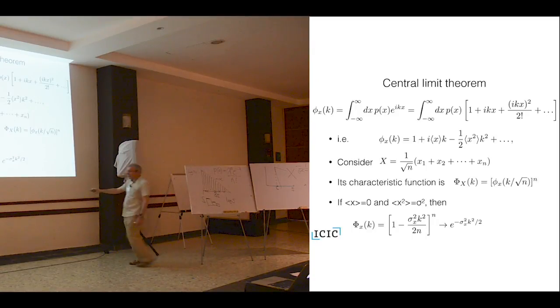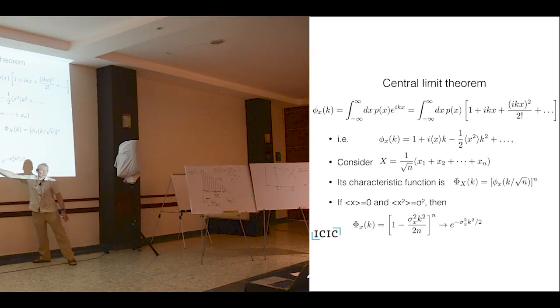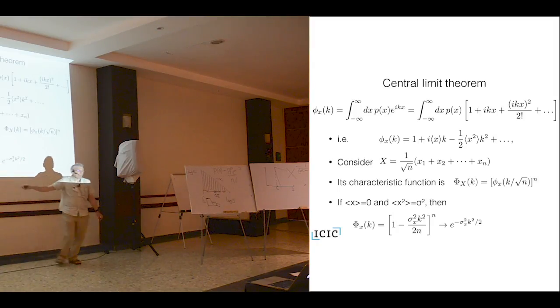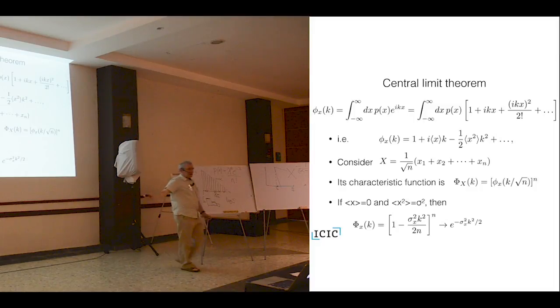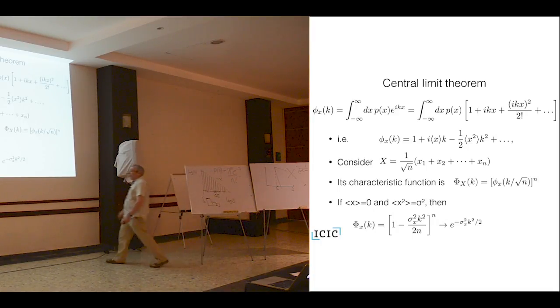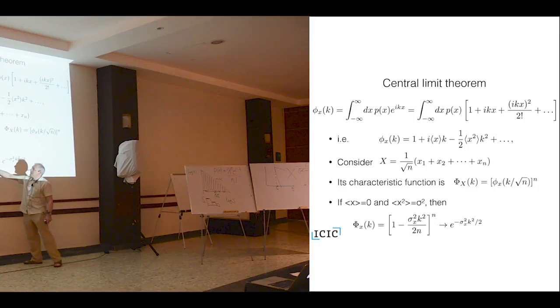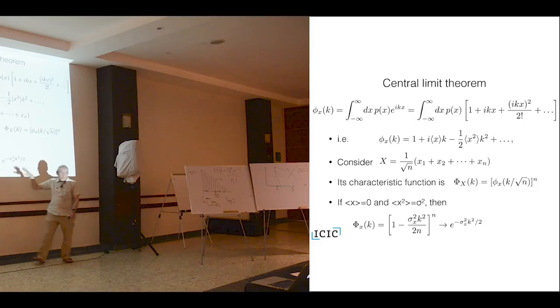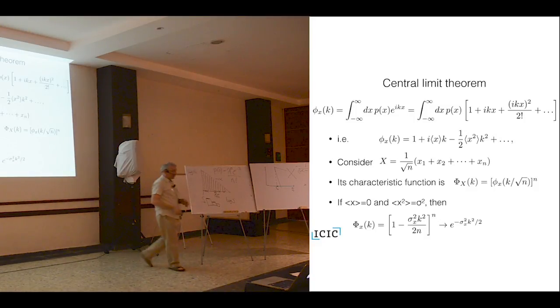There are some extra terms to the right which I've ignored. But if we have this expression and we let n tend to infinity, then it's well known that 1 minus x over n to the power n tends to e to the minus x in the limit. So this tends to this Gaussian form.